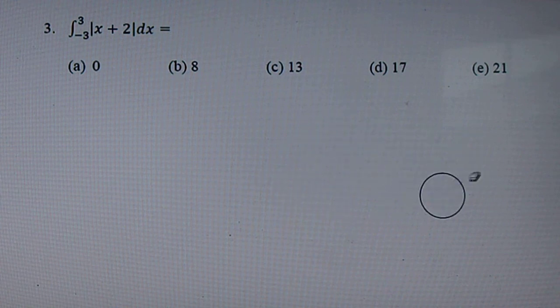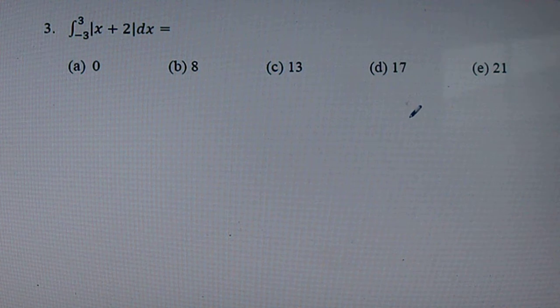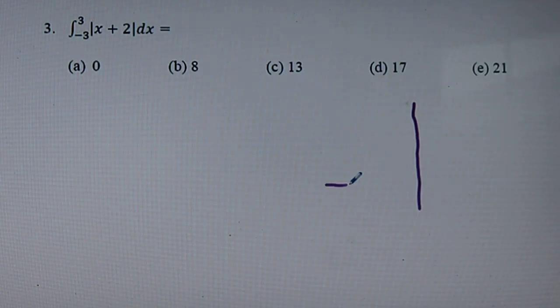So let's take a look at this function here. We have the function y, or f of x, equals x plus 2, and we're going to make a little sketch of what that function looks like.